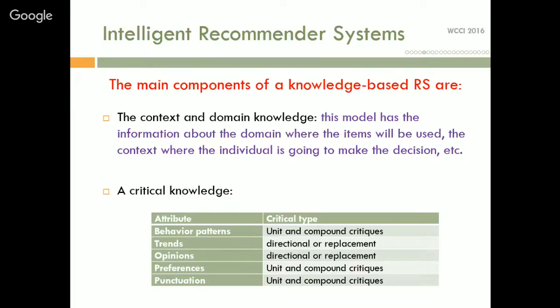That means here we include information that describes a specific aspect of the user that we can infer according to the behavior of the user, the relationship that the user can have with other people.